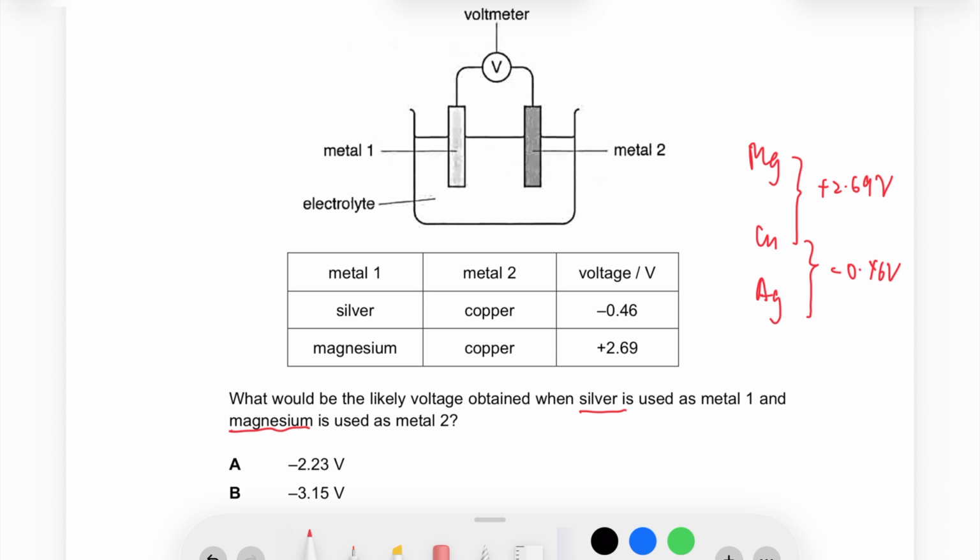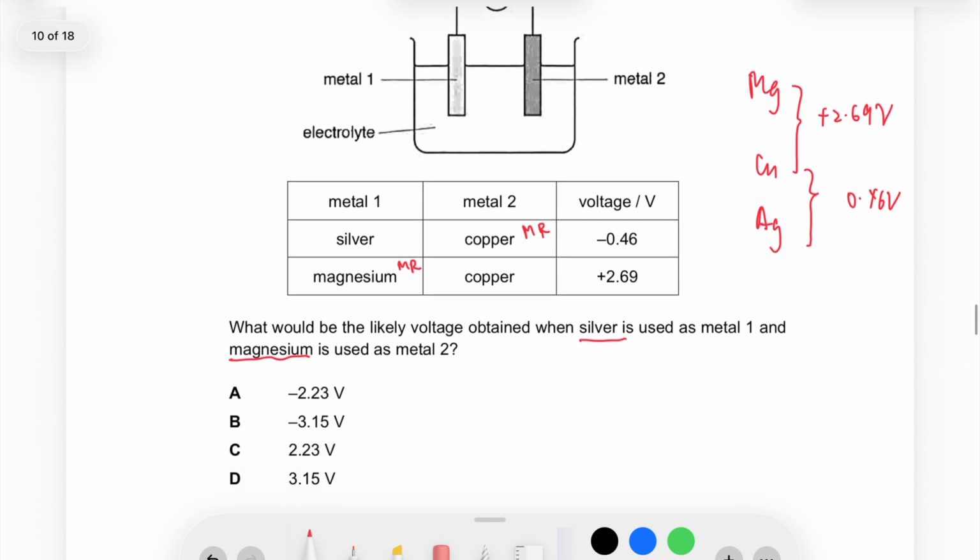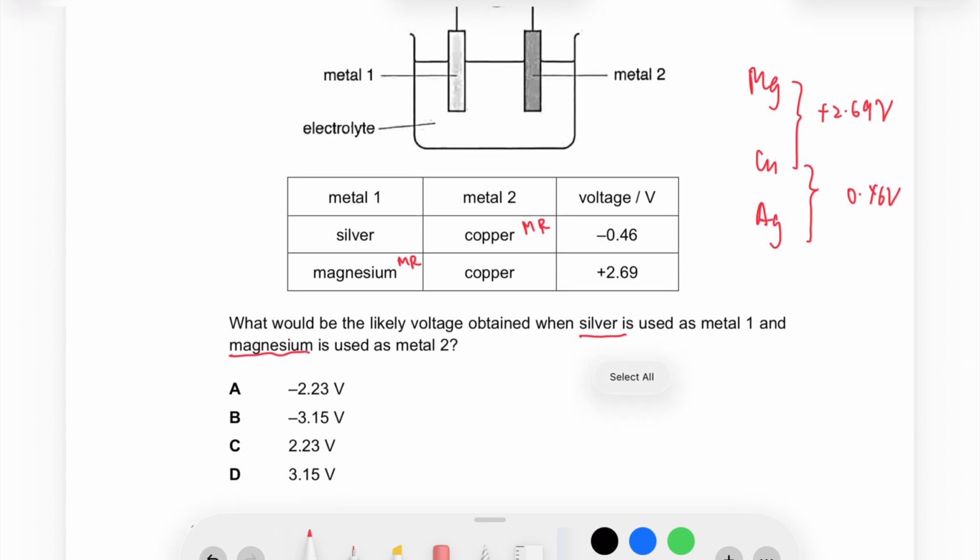So actually you don't have to put the minus, because the more reactive one is actually this one. Now if you use between magnesium and silver, it will be 2.69 plus 0.46. So the answer will be 3.15 volt. But how do you determine whether it's plus or minus?